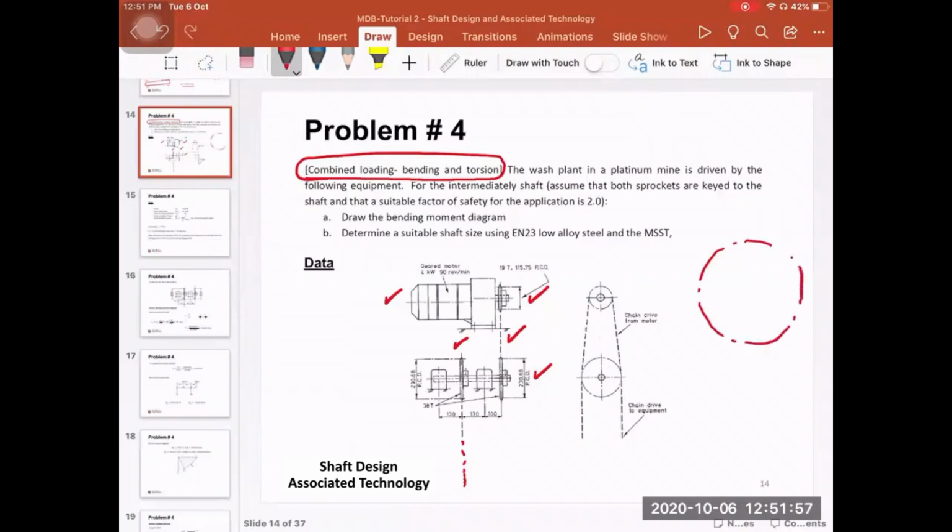If this is the pitch circle diameter of this sprocket, it is something similar to the gear, actually, something like this.